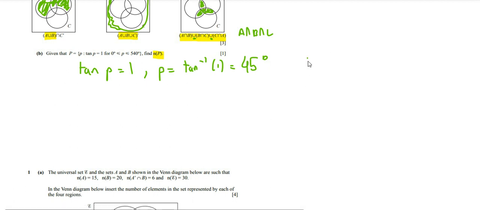Now, I wonder if you guys are familiar with the cast diagram. It's actually a really useful way to represent and find angles with the trigonometric ratios. A stands for all, S stands for sine, T stands for tan, and C stands for cos, right?